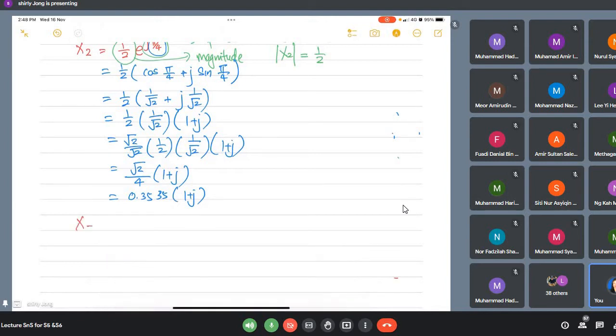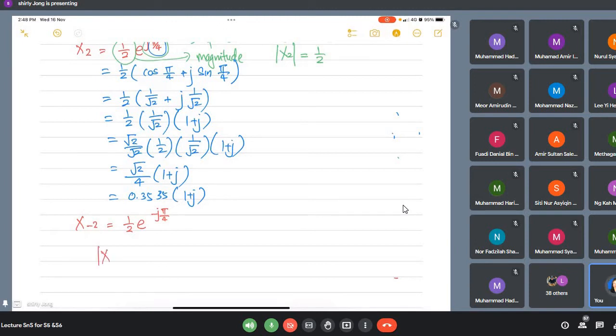Okay, so for the x minus 2, you have 1 over 2 exponent minus j pi over 4. So this is the coefficient. If you want to get the magnitude, so magnitude is what?